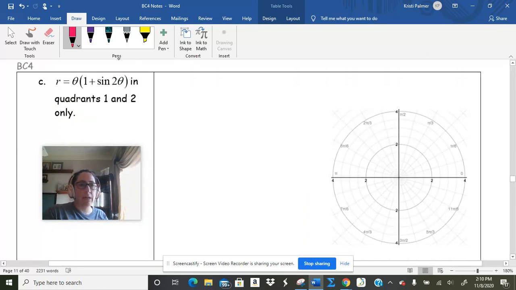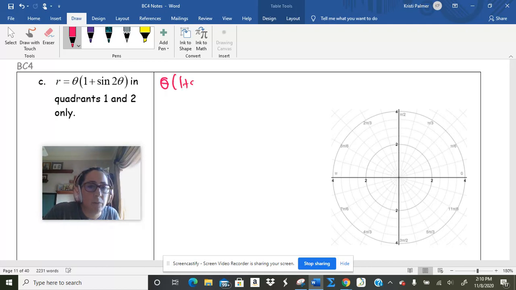Let's make a graph of this now in quadrants 1 and 2 only. So this is theta times 1 plus sine of 2 theta equaling 0. So theta would equal 0, or 1 plus sine of 2 theta equaling 0. So where does sine of 2 theta equal -1?